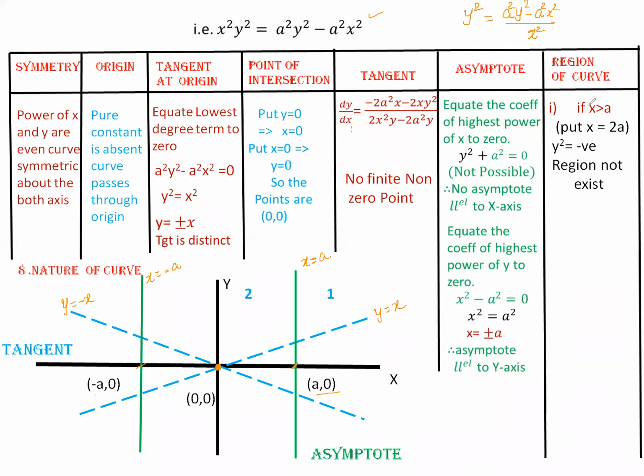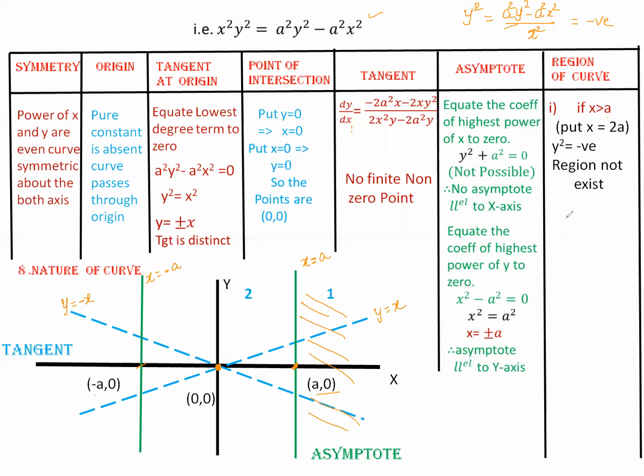Put x greater than a, this y square becomes negative. Beyond this asymptote, we are not getting any curve.